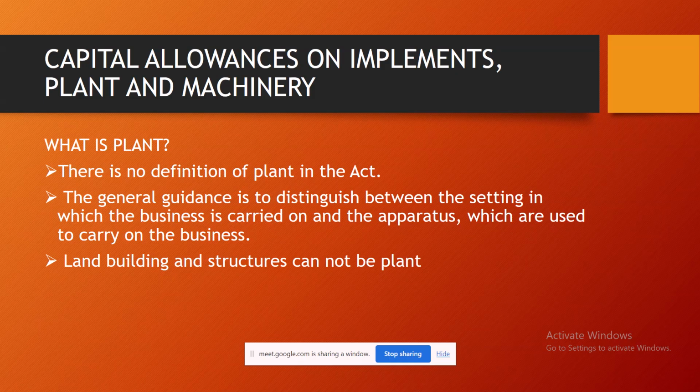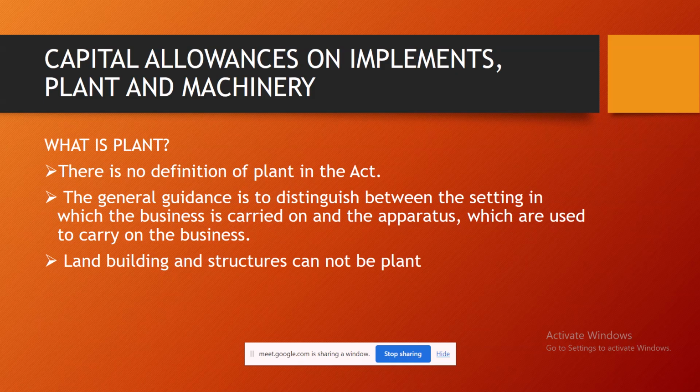It is good to note that there is no definition of plant in the Act. The general guidance, however, is given to distinguish between the setting in which the business is carried on and the apparatus which is used to carry on the business. For instance, let's say a hammer mill. A hammer mill can be housed in a building.